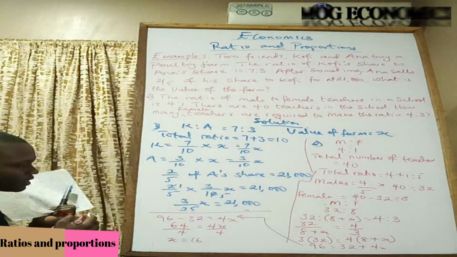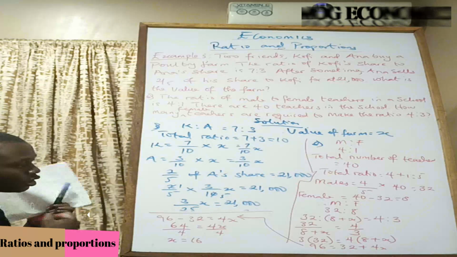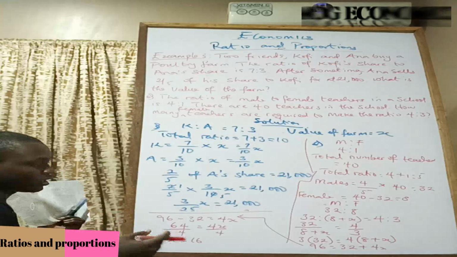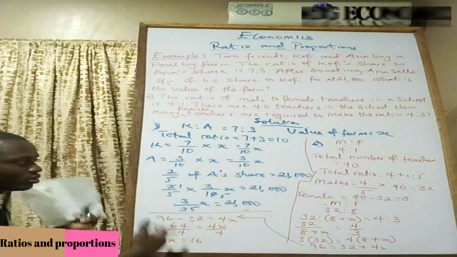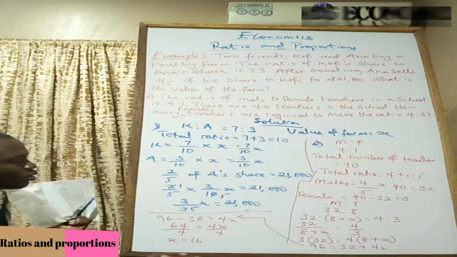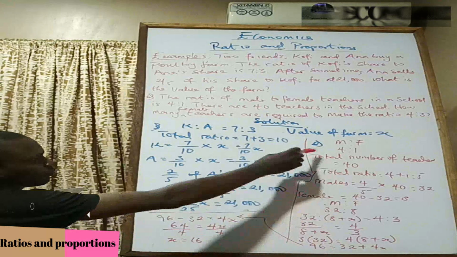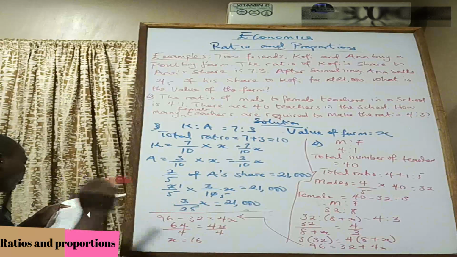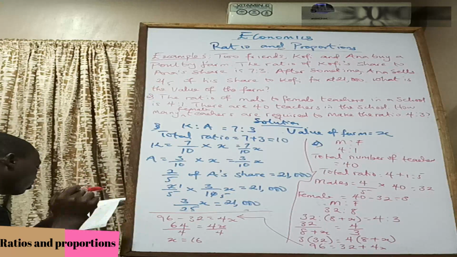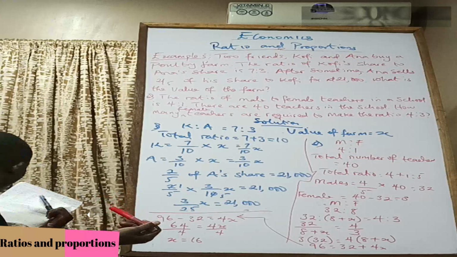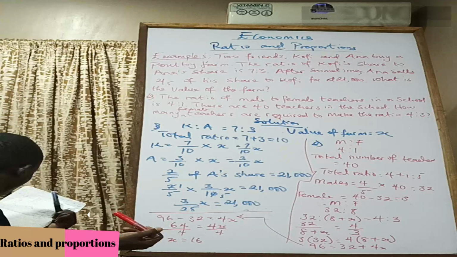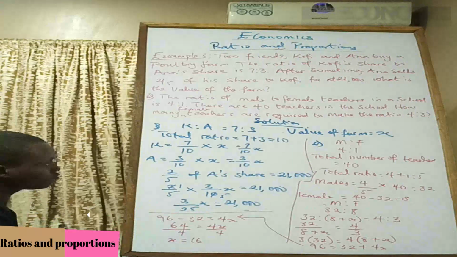So you need to add 16 female teachers more to 8. That brings the total to 22 females, for this ratio 4:1 to become 4:3. Right? So the answer is 16. So that's it.